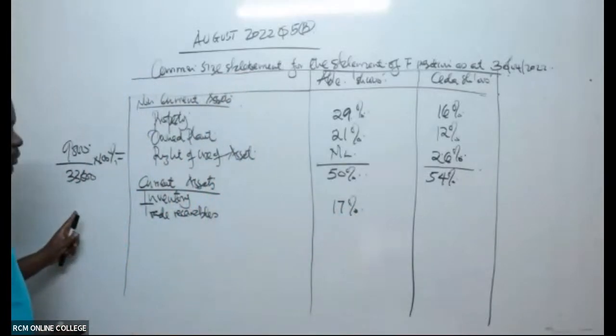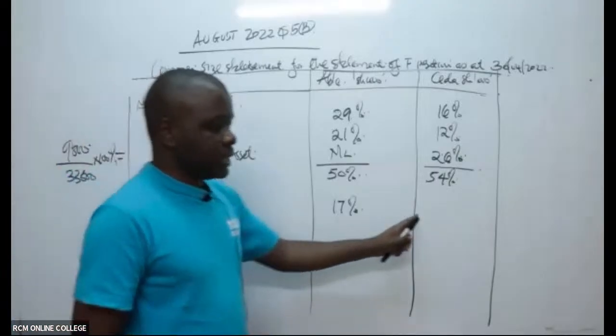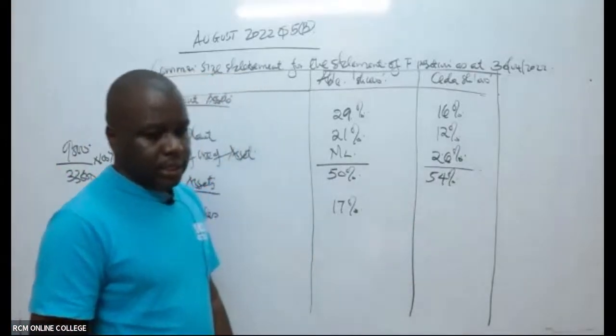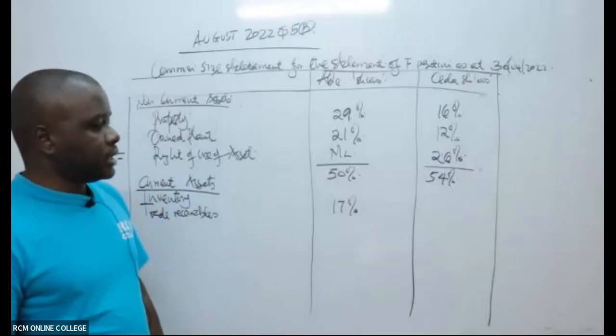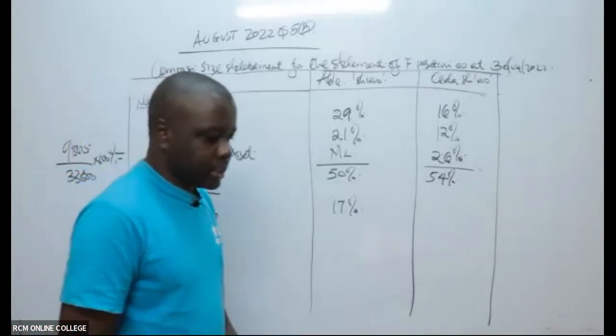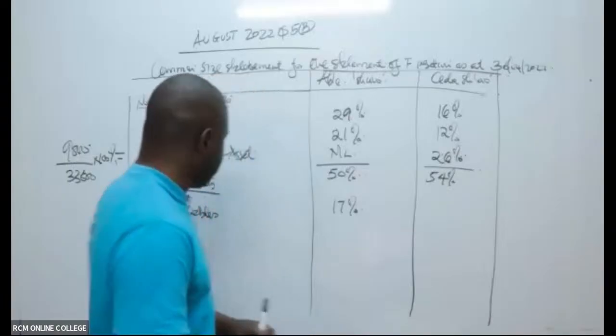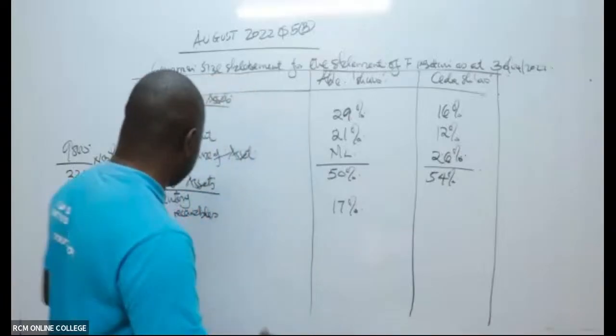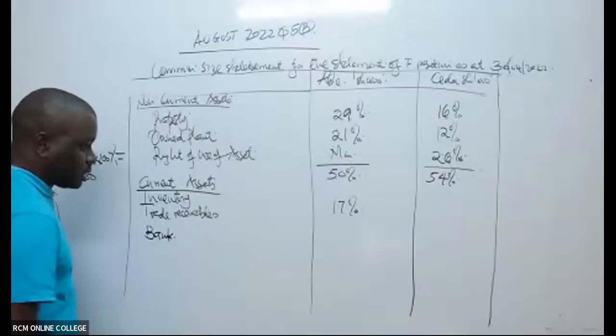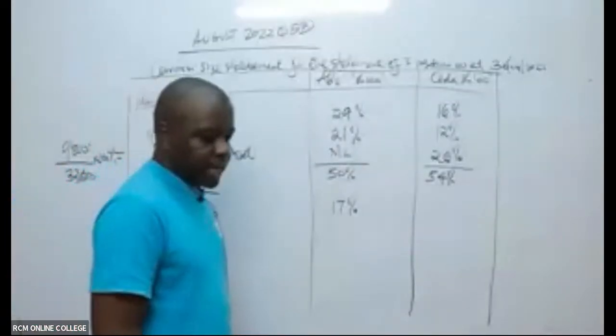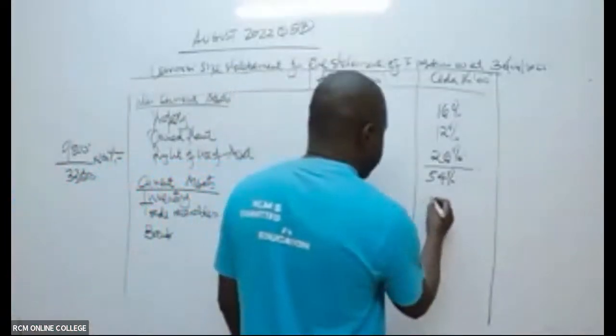What about for 𝗍𝒂? For 𝗍𝒂, you have trade receivables, and of course we also have bank as another item. 17.9, so that is 18%.